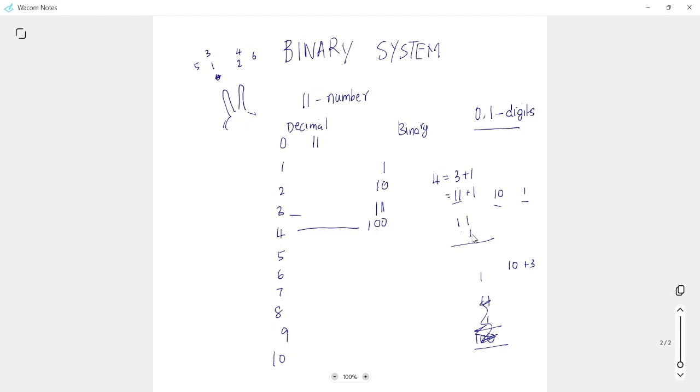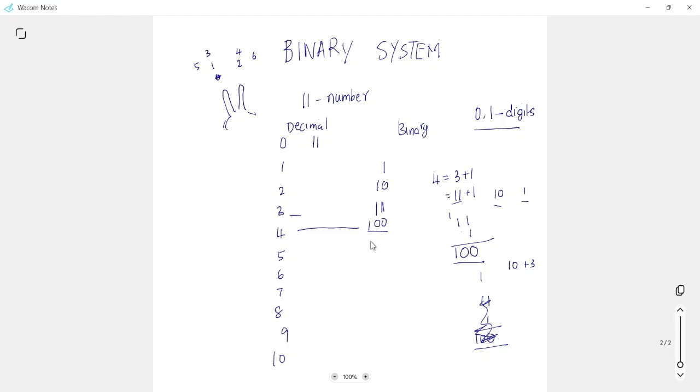Add 1 plus 1 is 2. 2 is nothing but 10, or 1, 0. So you put 0 here and you carry over the 1. And then 1 plus 1 is 2. 2 is again 1, 0. So you put the 0 and write it here. So you get 1, 0, 0. So 1, 0, 0 is 4 in the binary system.